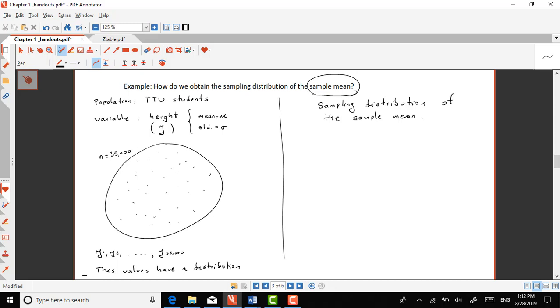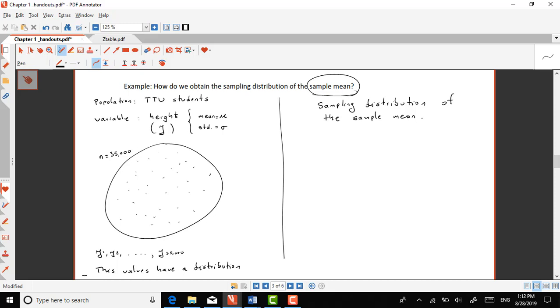So let's think about the process of going and taking samples. We can walk through campus in a random way and take a sample from these 35,000 students. Once we get that sample, let's say 100 students, we can calculate a mean. Everybody follows that.